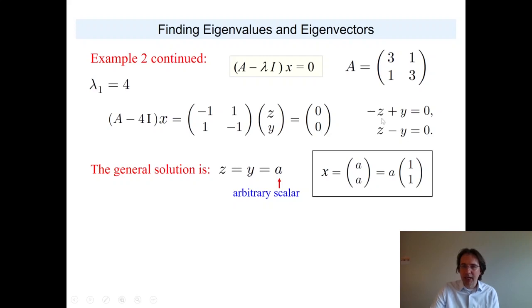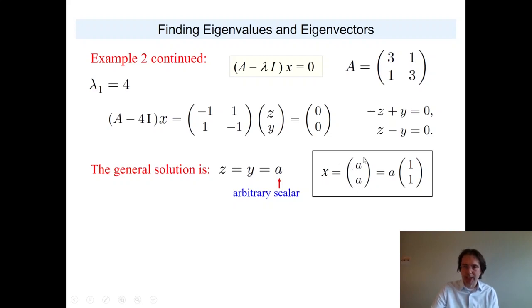Now let's look at this. One can notice that those are actually the same equations up to a factor of minus 1, and therefore the general solution of these equations will be z is equal to y is equal to a, where a is an arbitrary scalar, except for the case a equal to 0, the trivial solution. Good. So we write our answer as follows.